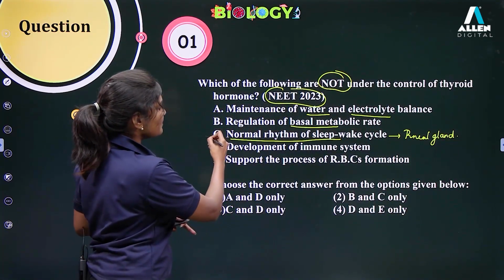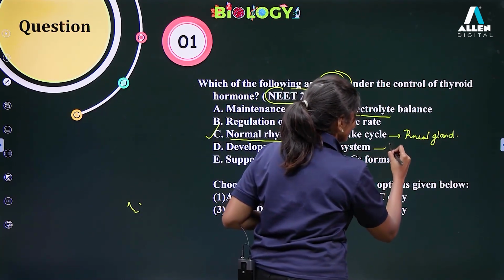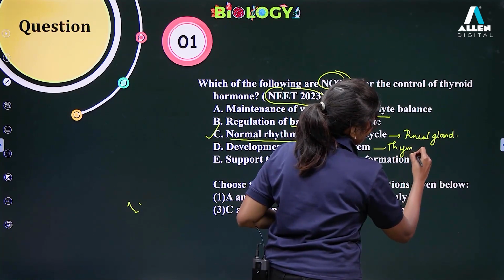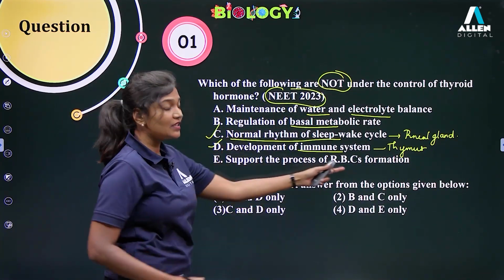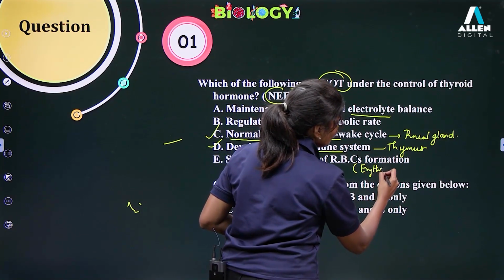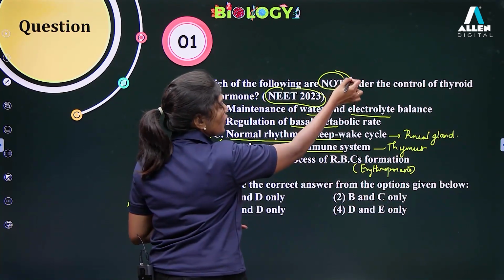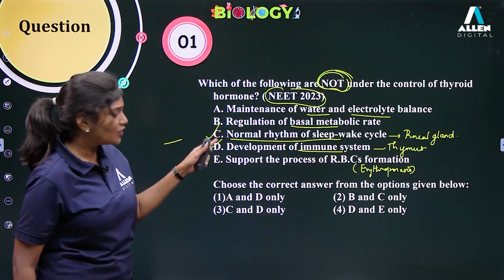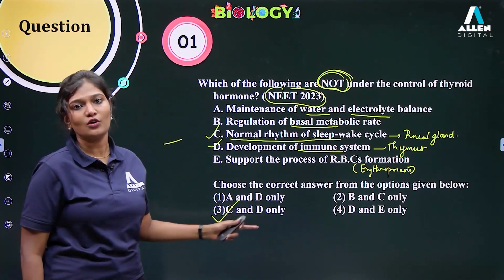The next one, development of the immune system, is not done by the thyroid gland, it is done by the thymus gland. The next option, supporting the process of RBC formation, which is erythropoiesis, we have also seen in the case of the thyroid gland. So if we have to select the options not under its control, then it is going to be options C and D only.